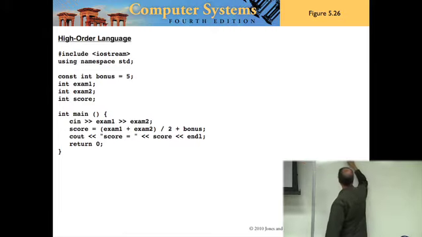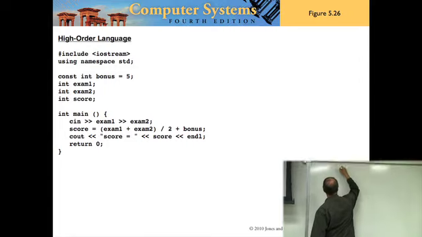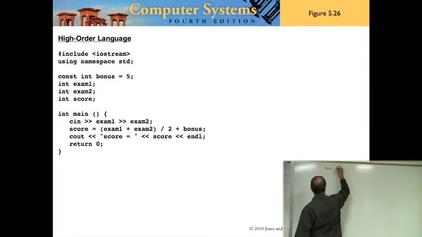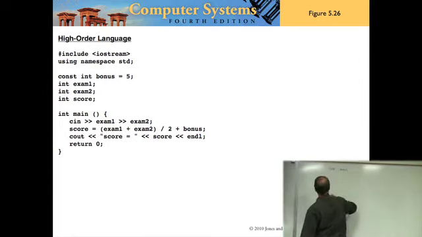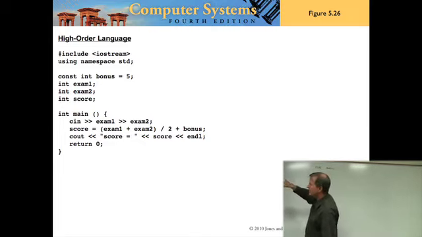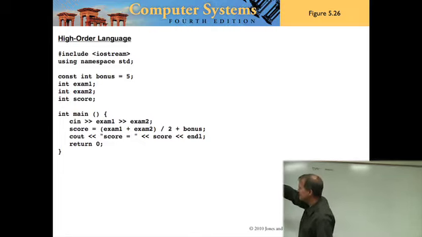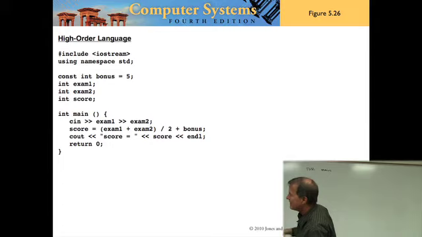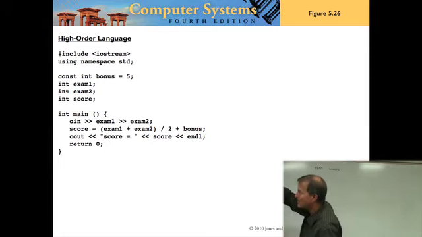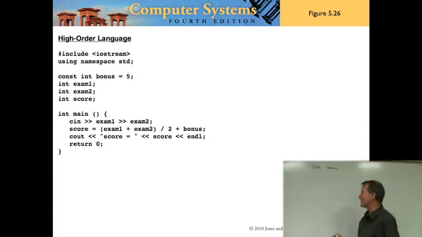So what's the very first one? Branch to main. Now, what do you suppose this next one is? It says const int bonus equals 5.